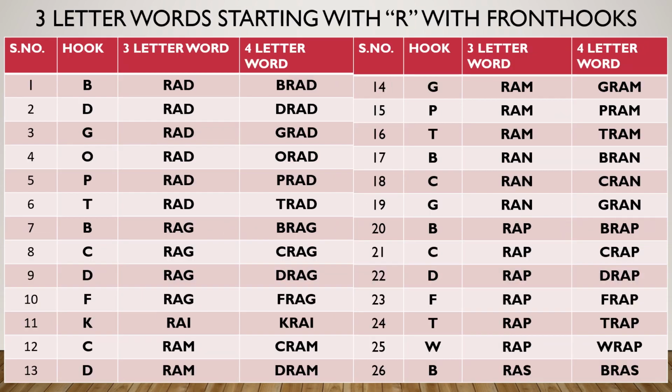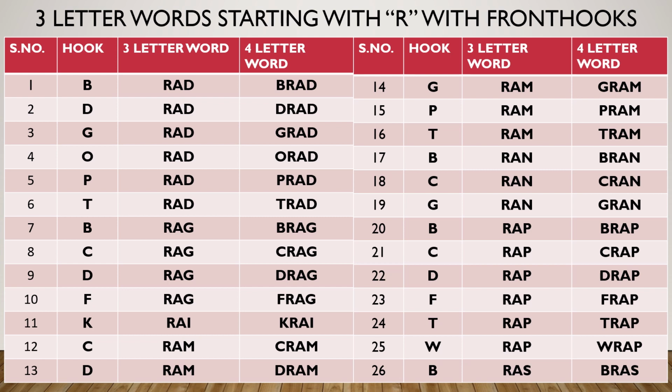This slide shows front hooks of these three-letter words which start with R. The word RAD accepts B, D, G, O, P, T, making words like BRAD, DRAD, and ORAD.